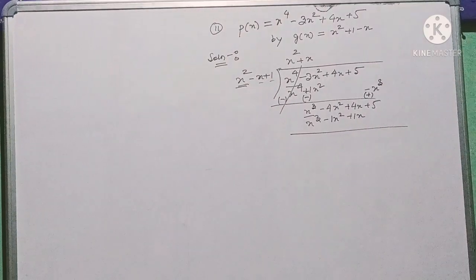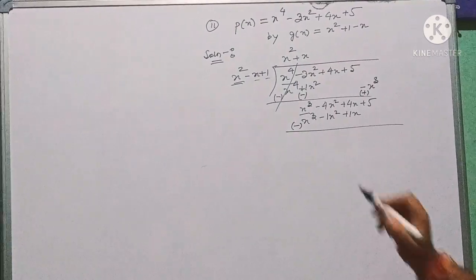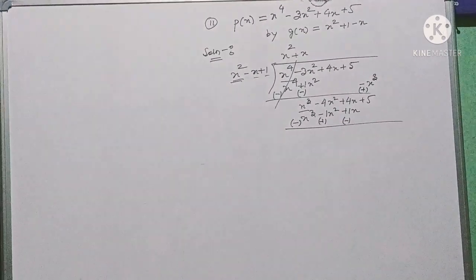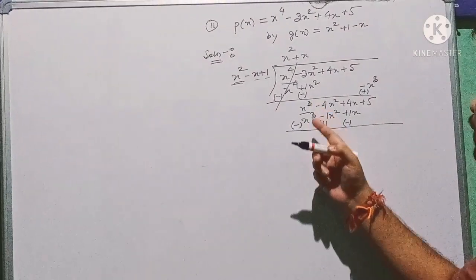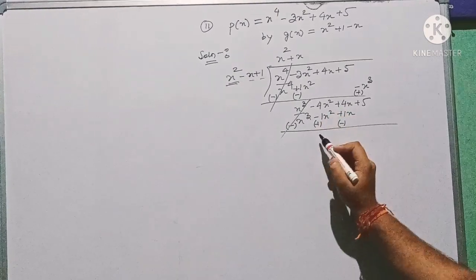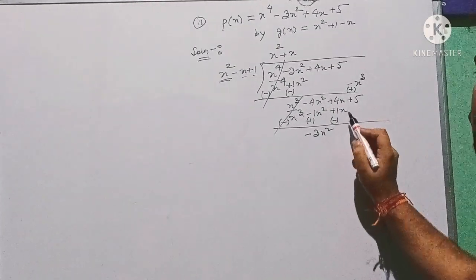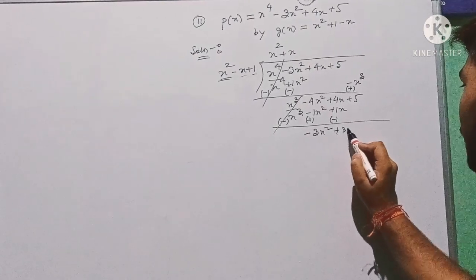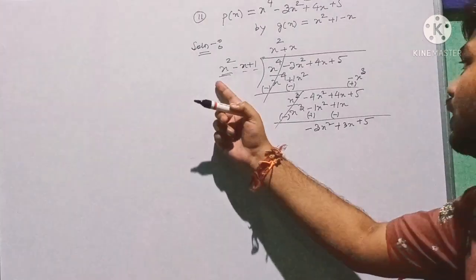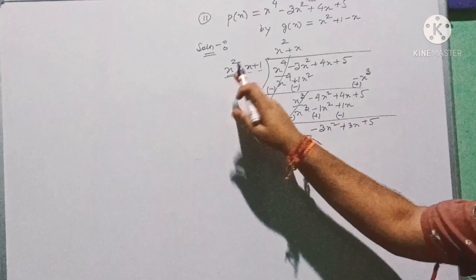Now we will subtract here. Change the sign. This plus sign will become minus, this minus sign will become plus, and this plus sign will again become minus. Now you see this x cube and minus x cube will cancel out. Minus 4x square plus 1x square is minus 3x square, plus 4x and minus 1x is plus 3x, and plus 5. Now again you see this x square and x square, it is equal, but only minus 3 is lacking here.